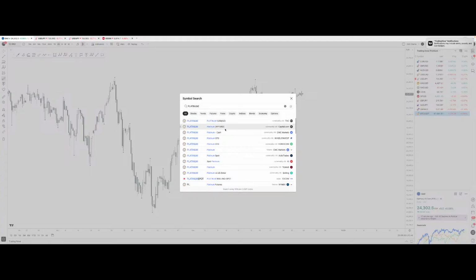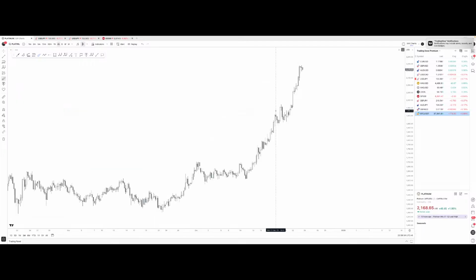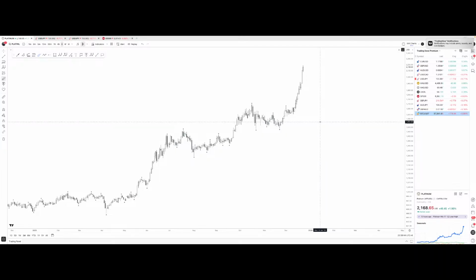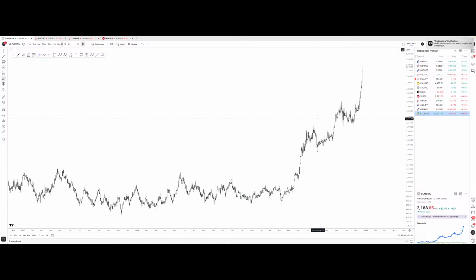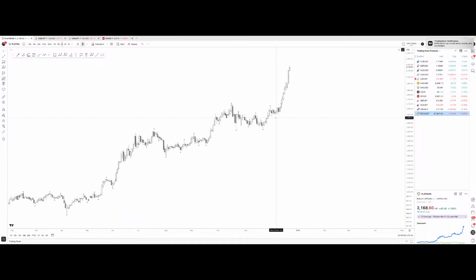I will probably take this one here. The price might be slightly different because of the data feed, but I think generally the pattern and the market movement is going to be the same. I don't really look into platinum, but it does seem like this impulsive leg here aligns with generally the precious metals, which is gold and silver as well. We are on the daily scale, so this is definitely a very significant push.